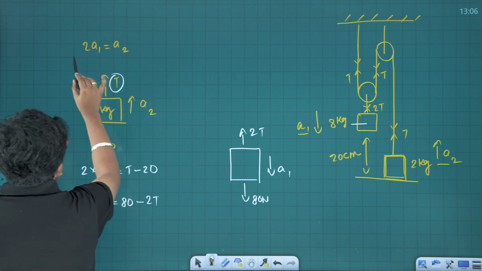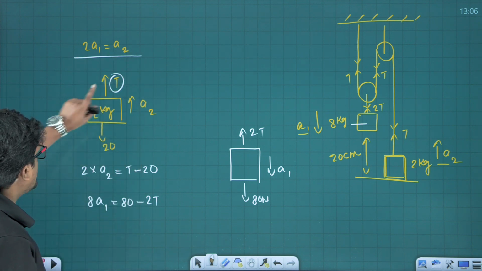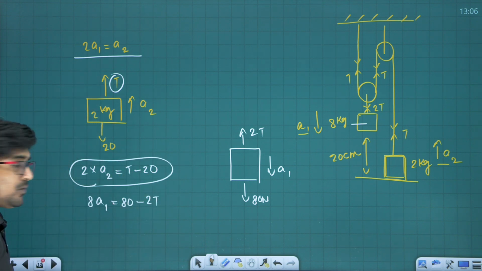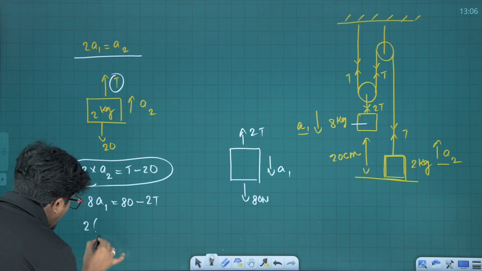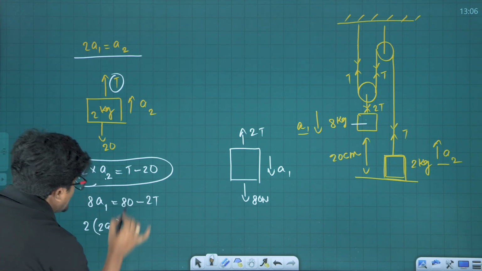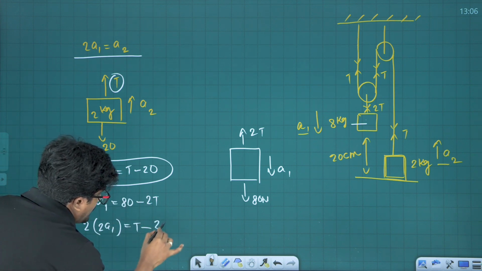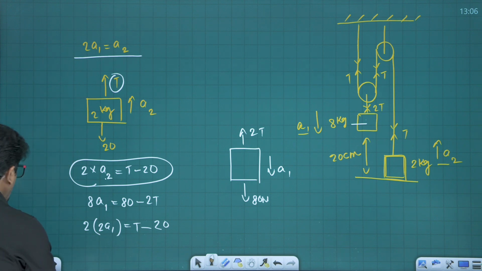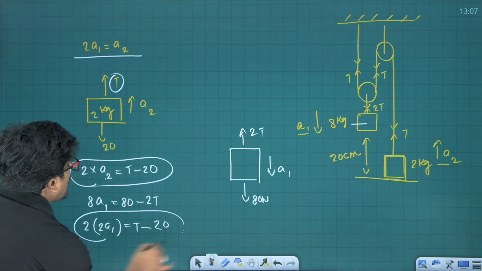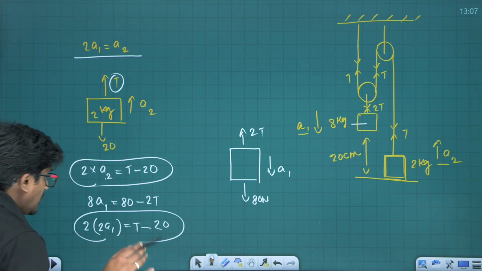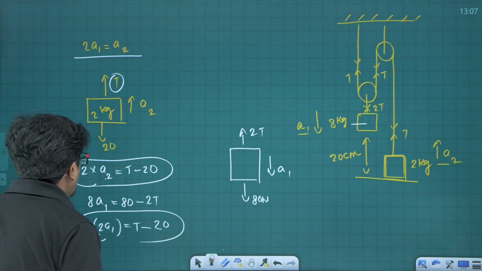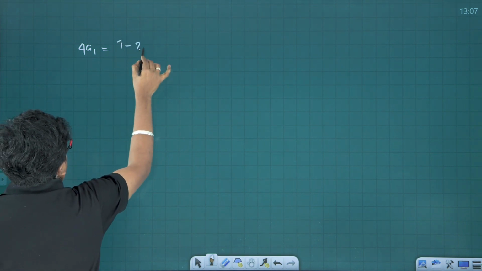And we have got the relation between A1 and A2: A2 is equal to 2 times A1. So I am going to substitute that here. 2 into A2, where A2 is 2 times A1, is equal to T minus 20. So this relation can be further modified as 4 times A1 equals T minus 20.